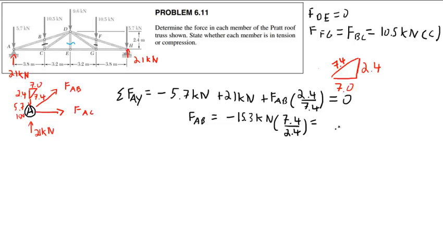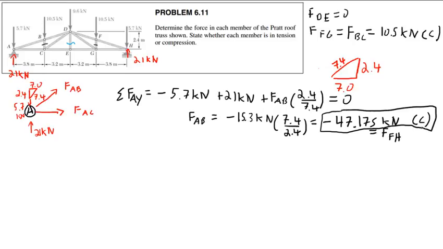And this comes to negative 47.175 kilonewtons, or compression. And this is also equal to FH. So we now have the forces in two more members. So now we have this one and this one.